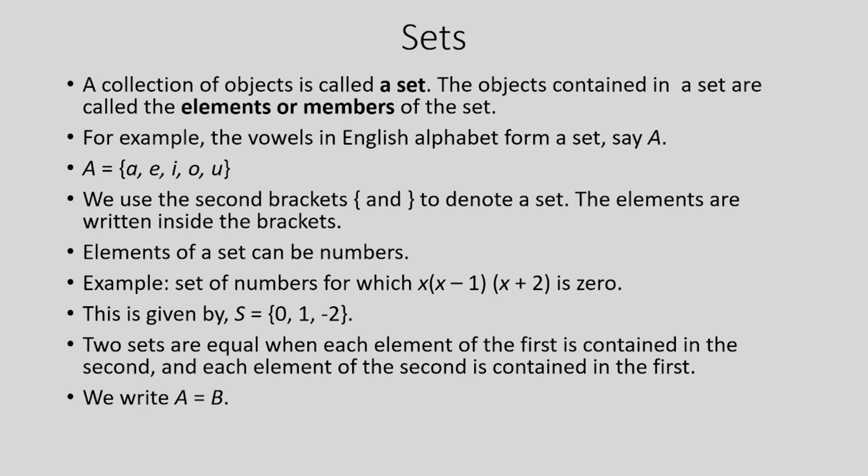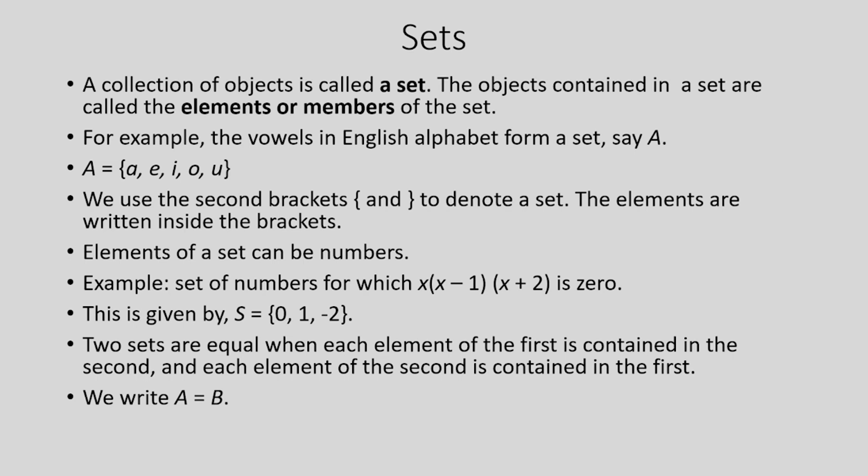The objects contained in a set are called the elements or the members of the set. So you have the set, which is the collection, and within the collection there are different elements, and these elements are members of that set that we are talking about.